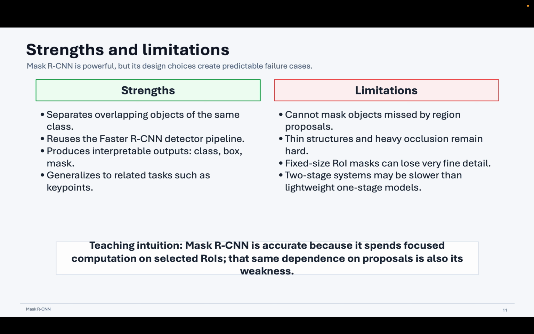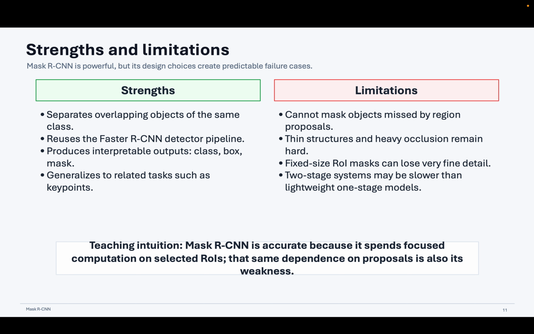The strength of Mask R-CNN comes from combining detection and segmentation. It separates object instances, handles overlap better than semantic segmentation alone, and returns outputs that are easy to inspect: a box and a mask. But the method is not perfect.